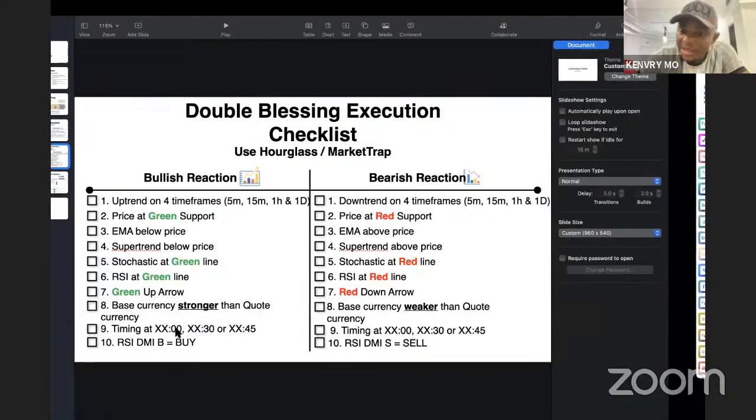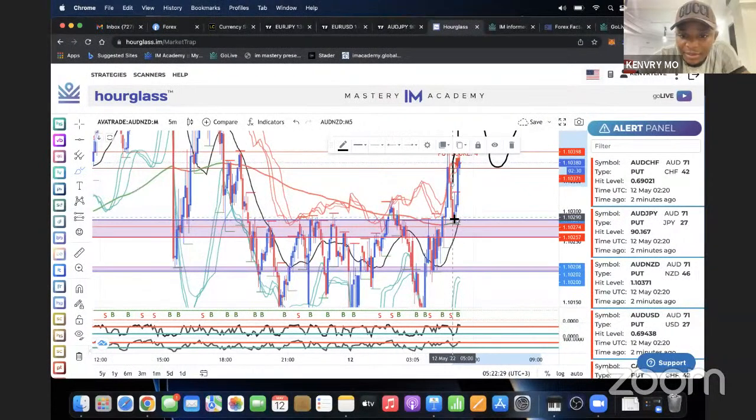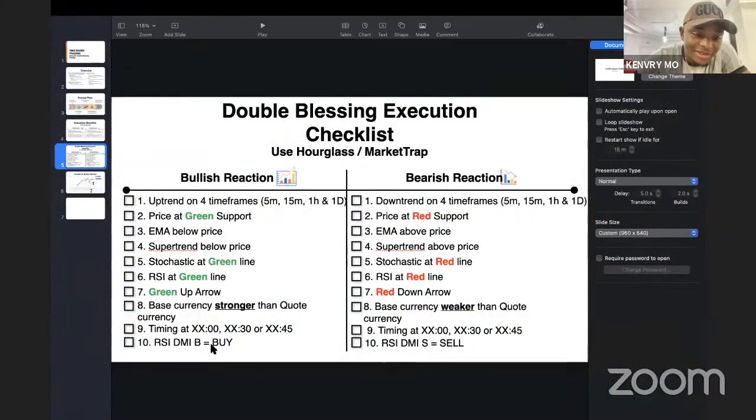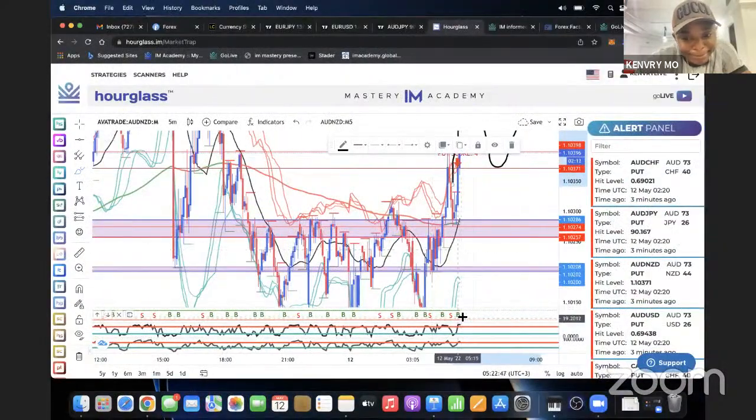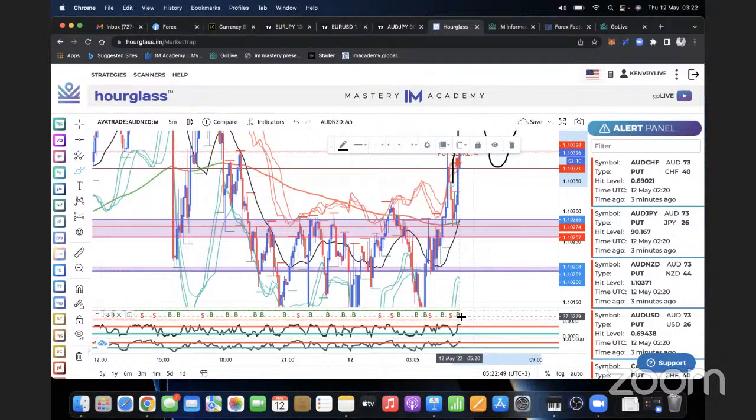Number nine, let's see if it happened on timing. Yes. Then number 10 is the DMI, a buy. Yes. So how many points? 10.